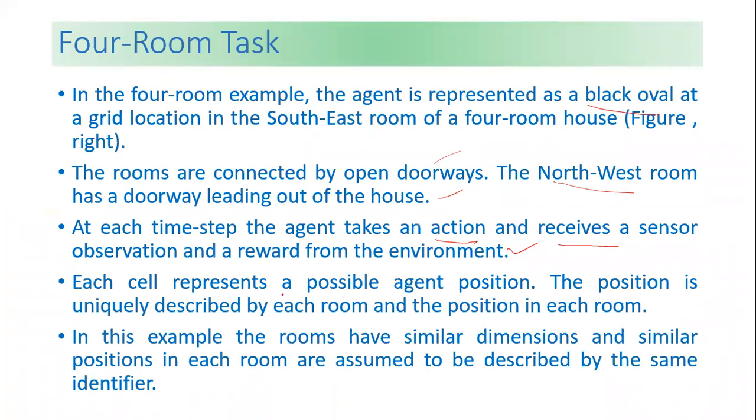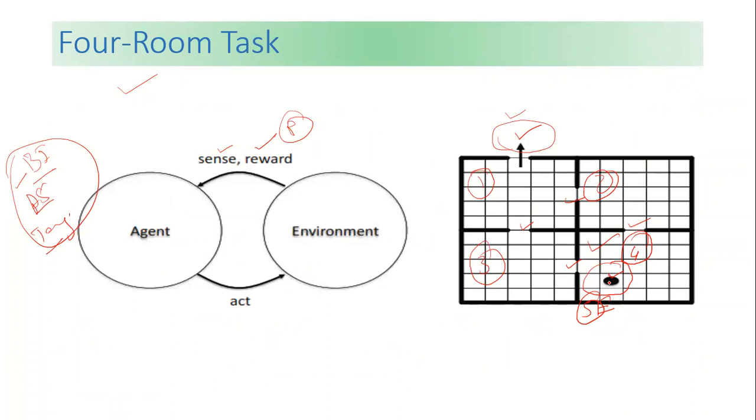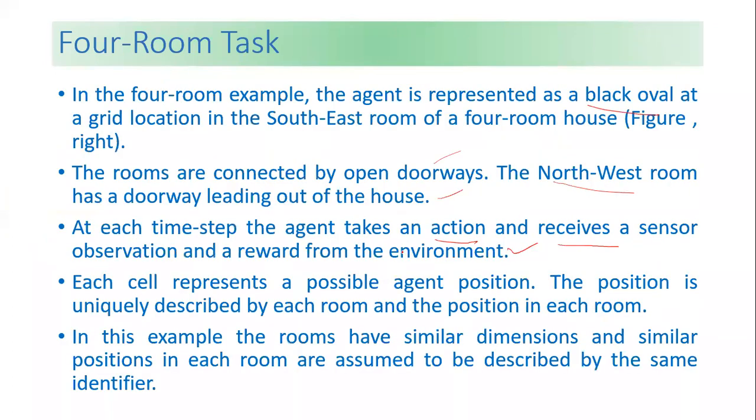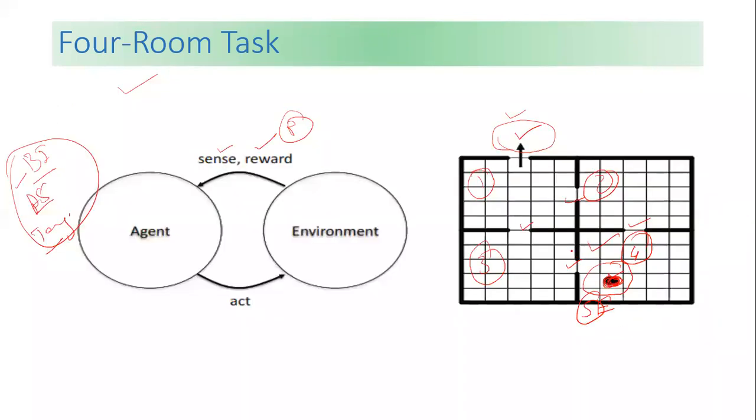Each cell represents a possible agent position. This area, where the oval is right now, represents a cell. The position is uniquely described by each room and the portion of each room. If we use a grid for this problem, we have an x-axis and y-axis.